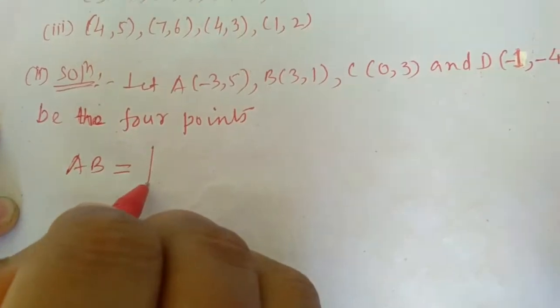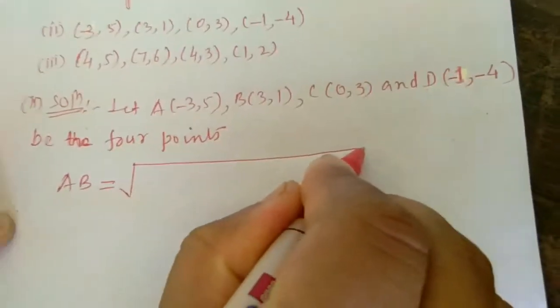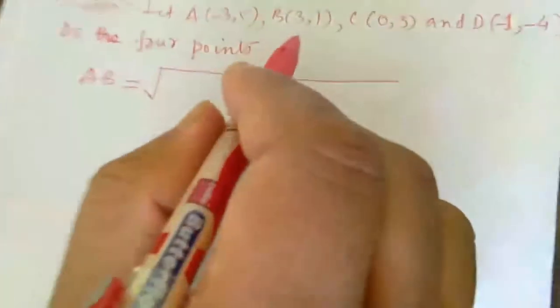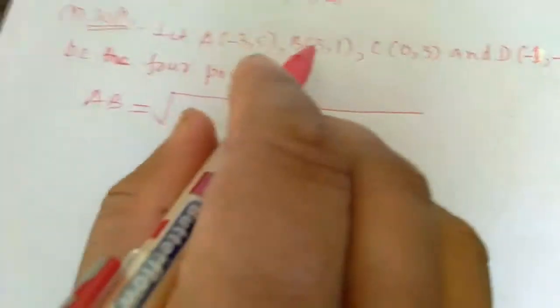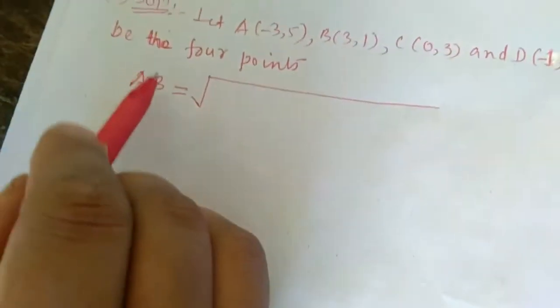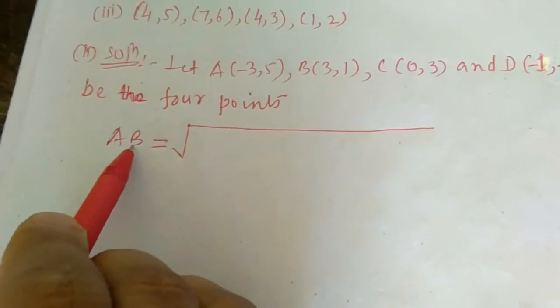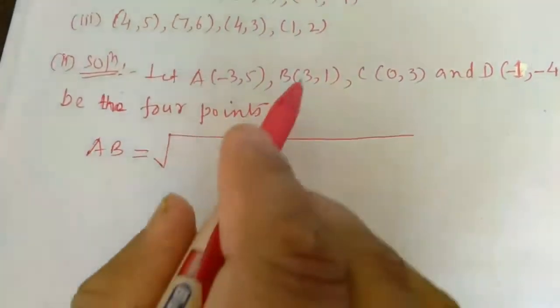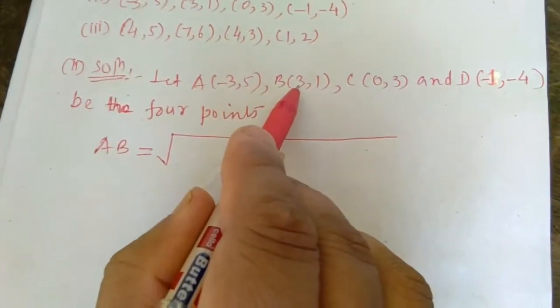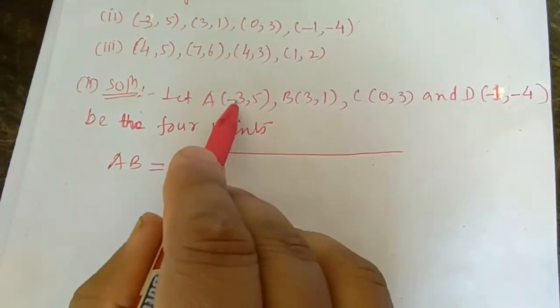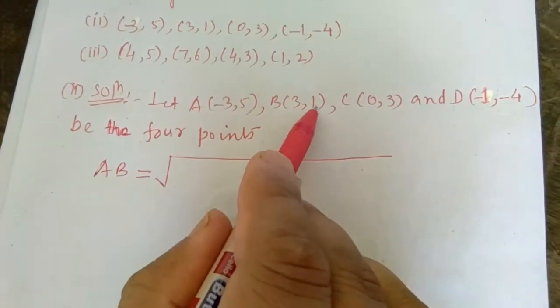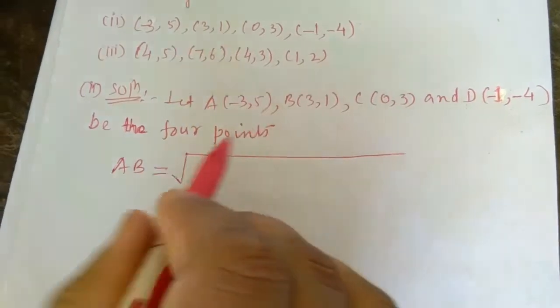So distance formula, root over x2 minus x1 whole square plus y2 minus y1 whole square. Here coordinate of B will be your x2 y2, A will be your x1 y1. So here x2 means 3, x1 means minus 3, y2 means 1, y1 means 5.